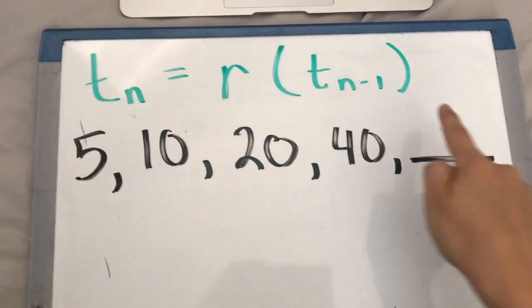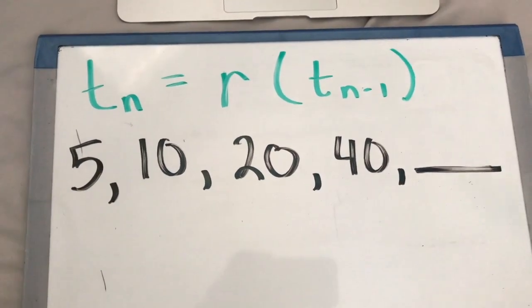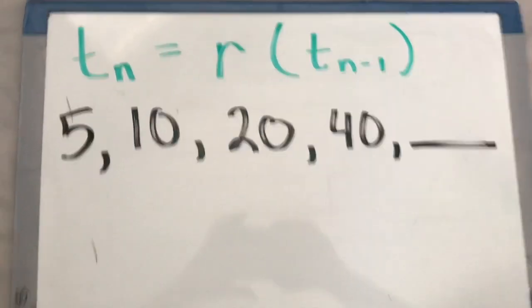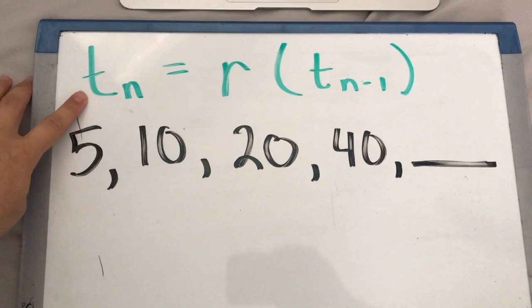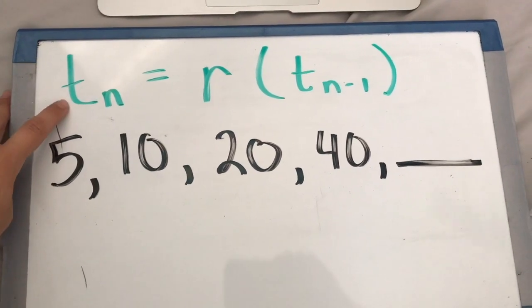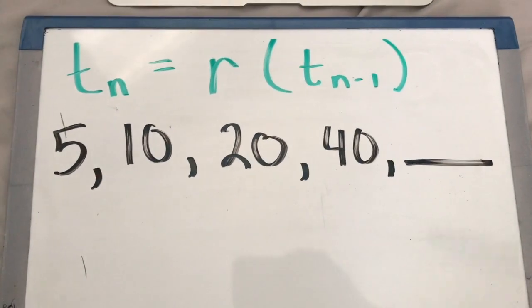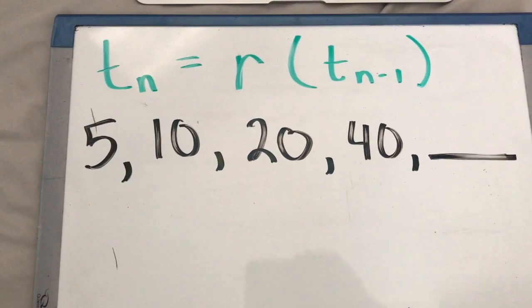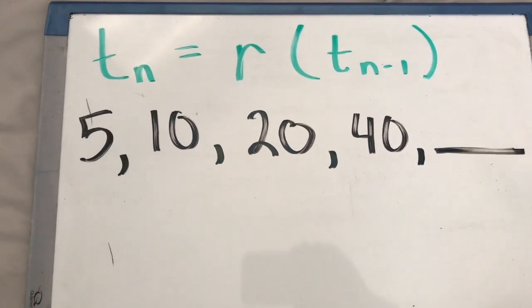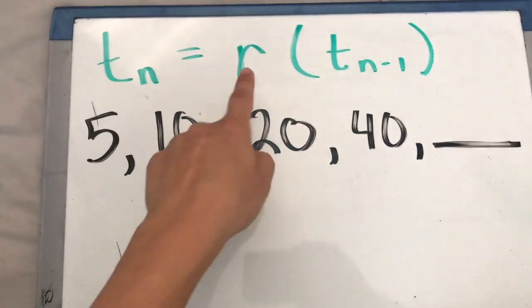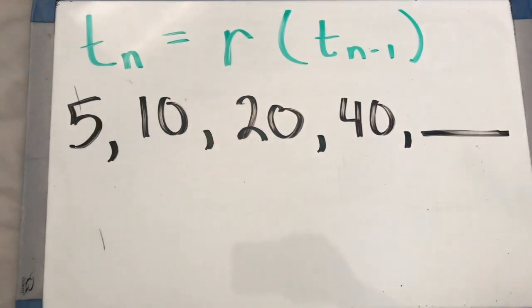So the formula I have written right up here, and it's very similar to the one that we just did, right? We have the t of n, which is the term that we're trying to find. And then we've also got t of n minus 1, which is the previous term. The only difference now, instead of adding d, instead of plus d, we're multiplying by r.